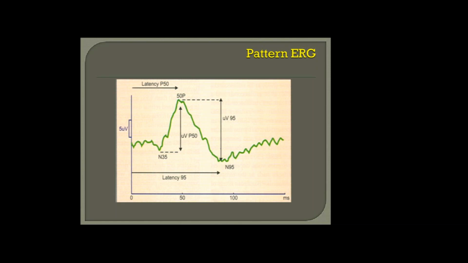So ideally we have to focus on the implicit time, as well as the amplitude, and we have to correlate how our normative data stands. I forgot to remind you that you must have your own normative data, and it should also be age matched.